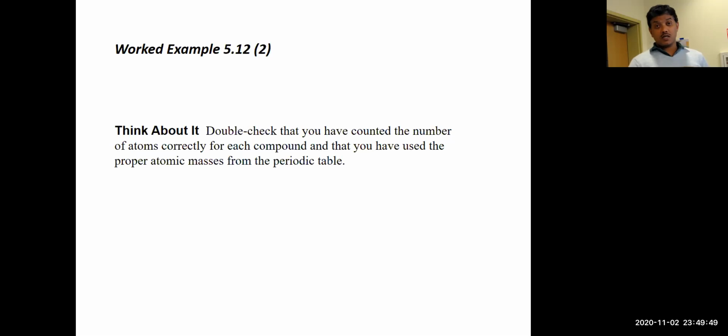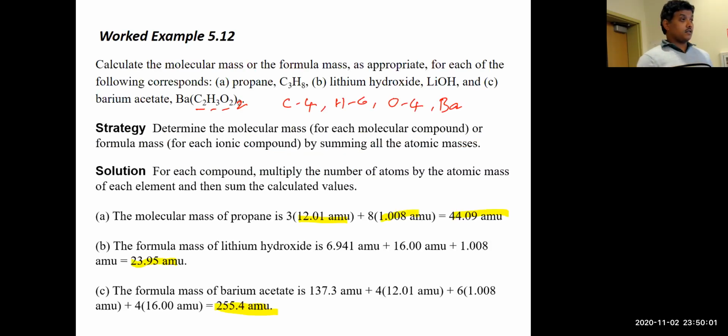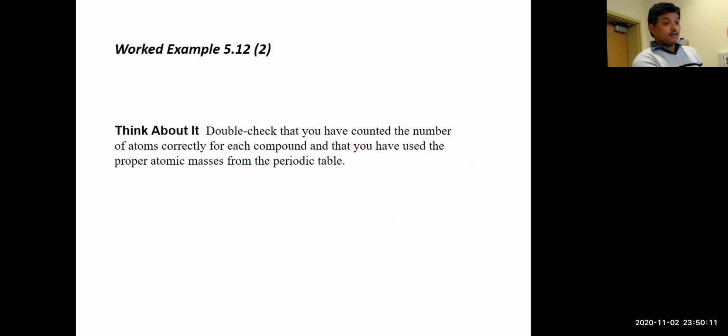The only thing you need to worry about is making sure you correctly multiply for polyatomic ions. If you have parentheses, make sure you multiply again to get the 4 carbons, 6 hydrogens, and 4 oxygens. If you make a mistake, you would end up with the wrong molecular or formula mass. I will see you in another part of this lecture.